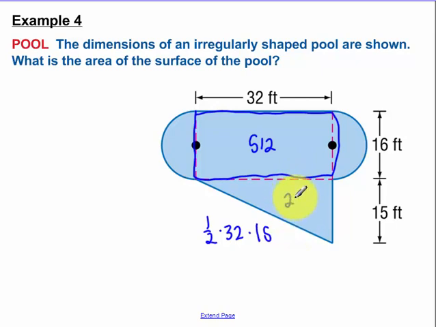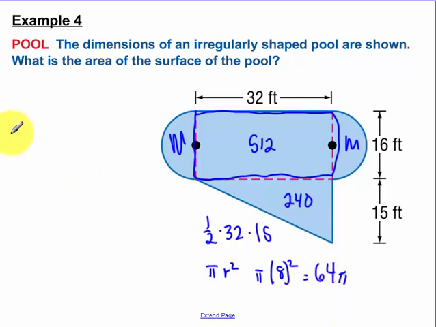This is 240. Now this area and this area make a circle. Pi r squared. So pi, my radius is 8, half the diameter, squared. For that, I get 64 pi.